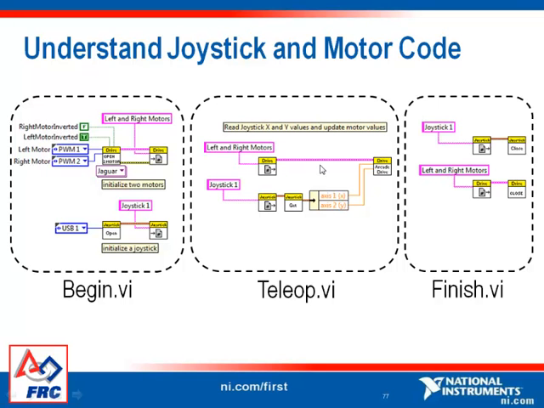So in timed tasks or in autonomous mode, you might also want to run the motors. So you're going to have to put code into the autonomous code that gets information about the motors from the same spot. Okay? You might need to look at the joystick in your timed tasks. So you're going to have to copy this code into that spot.